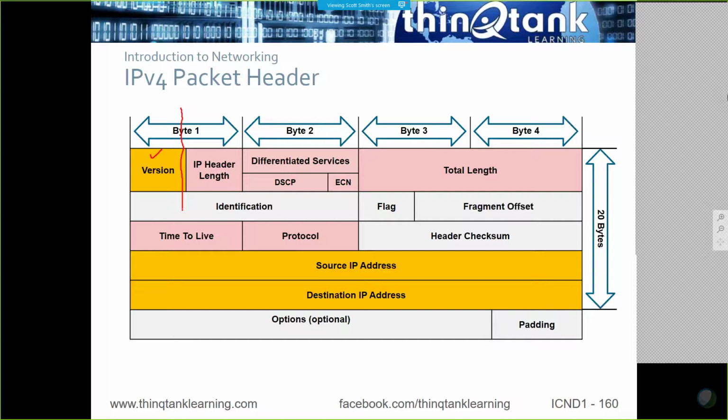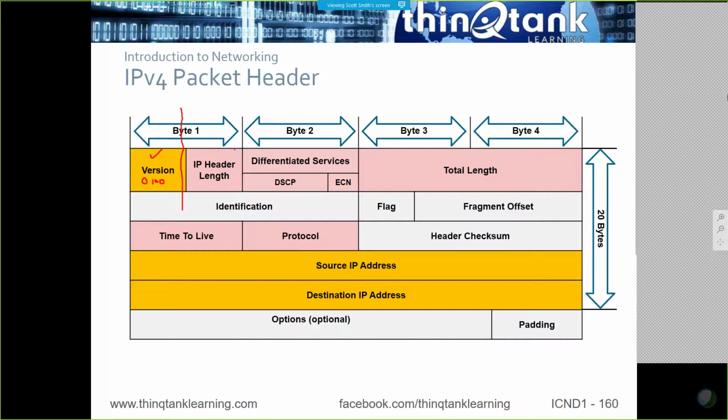So the version field is a 4-bit field. If it's IPv4, this field is going to be 0, 1, 0, 0. You guys agree with that? Why would it be 0, 1, 0, 0 if it's IPv4? Because that's the numerical value. That is the binary string that represents 4 in decimal, isn't it?